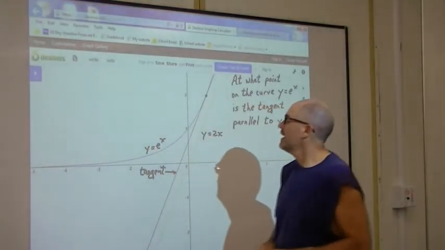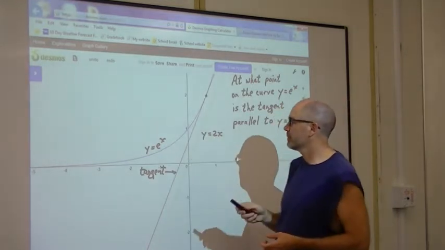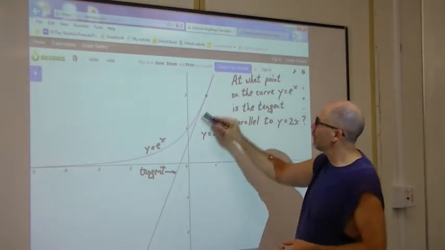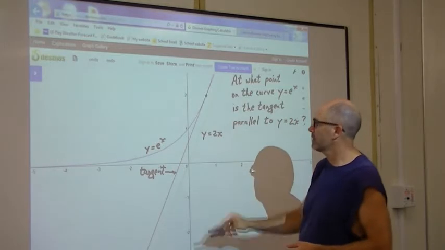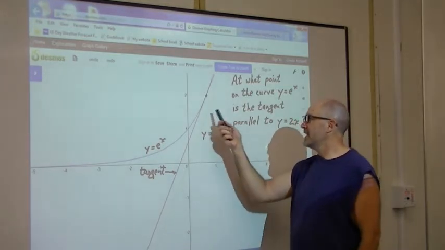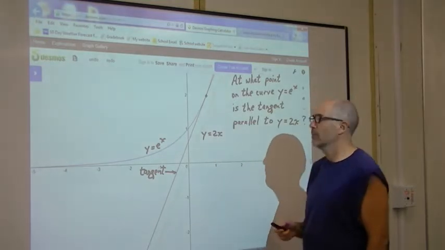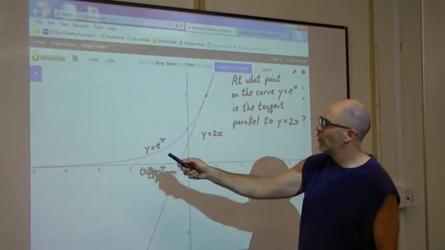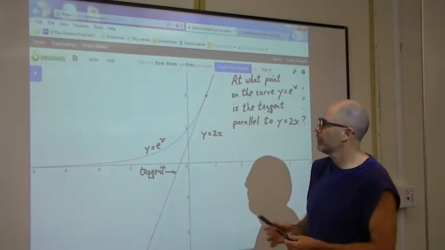All right, now we have the curve y equals e to the x. I want to know at what point on this curve will the tangent be parallel to y equals 2x. Okay, now we need the tangent to have a slope of 2. What does that mean? Well, that means we take the derivative of our e to the x curve and set it equal to 2.